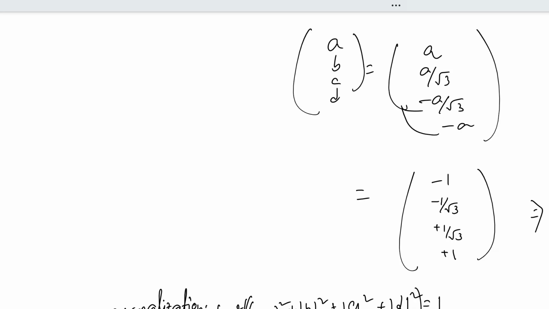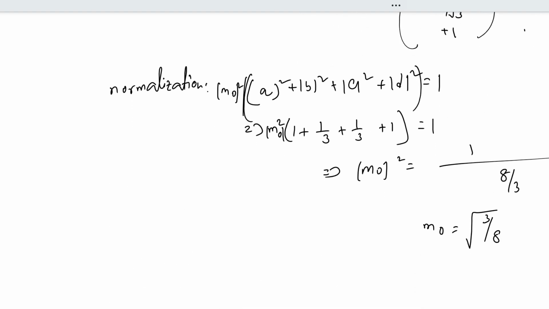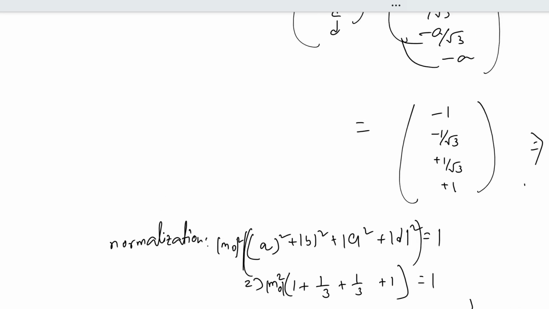Sorry, 1 by root, sorry, not 1 by root over 3 by 8. Basically m naught is a normalization factor, so m naught times a, b, c, d is your normalized eigengate, equal to root over of 3 by 8.